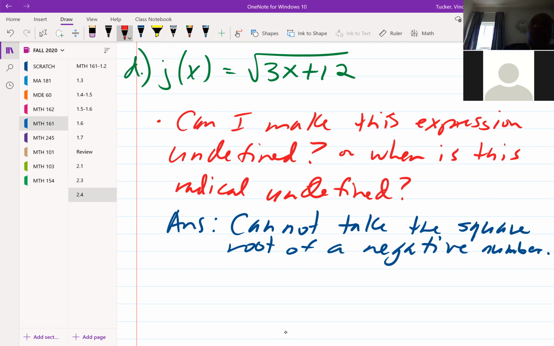So, all right, got a question. Yes, you can take the square root of 0 because 0 times 0 would be 0. But we cannot take the square root of a negative. Good question, because it was about to come up.